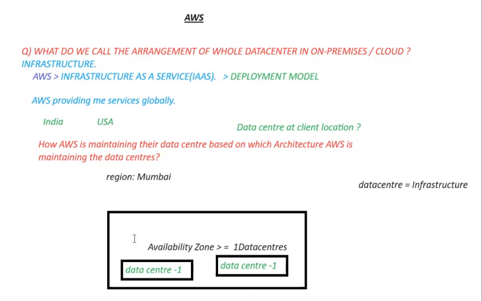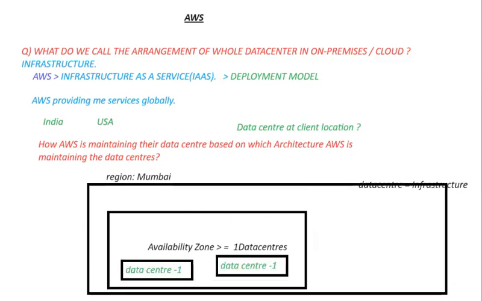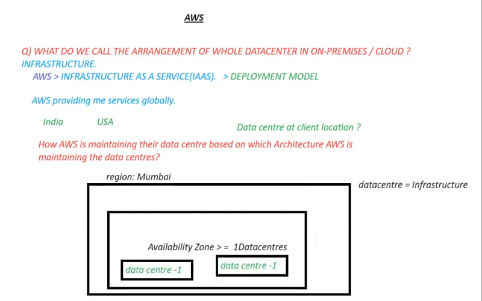how many availability zones are present, sir? How many availability zones are present in a region? For this question, the answer is: in a region, greater than or equal to two availability zones are present.